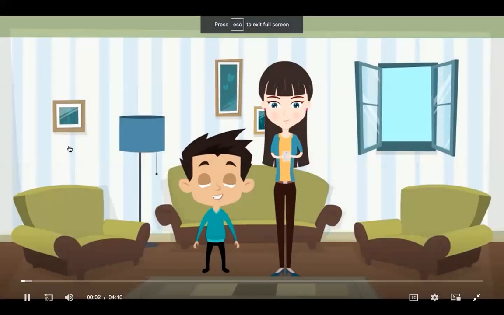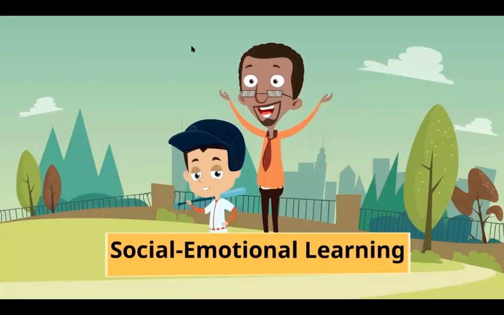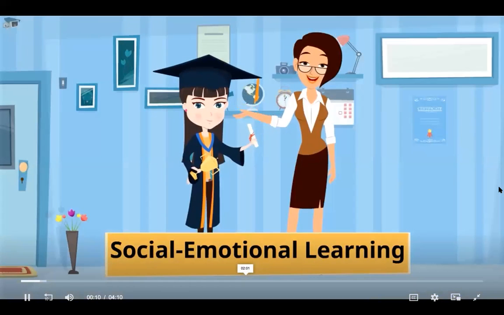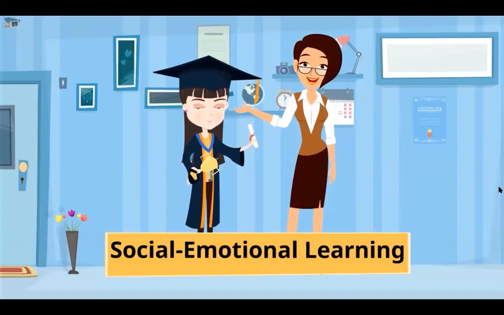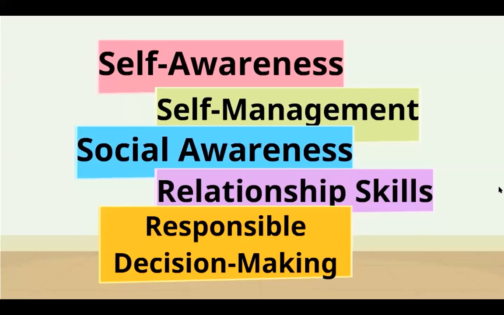For children, learning is a social and interactive process that takes place with teachers, other students, and parents. Our emotions and relationships affect how and what we learn. Students are far better prepared to succeed in school and in life if they have learned social and emotional competencies in addition to academic skills.